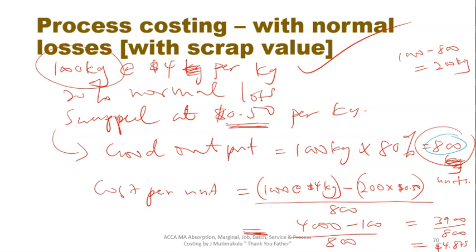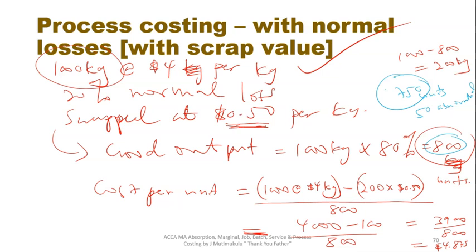All right, now the issue is, what if we had produced 750 units instead of 800? Then the 50 difference would be abnormal loss.